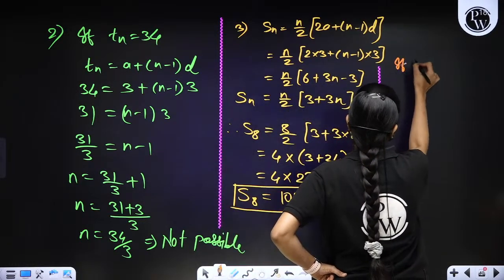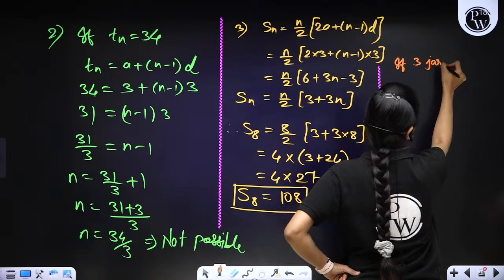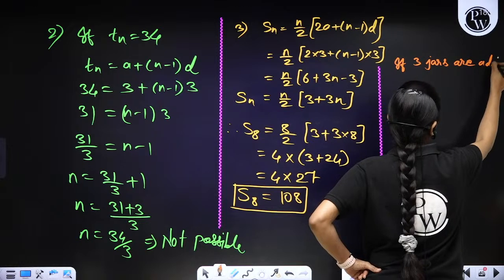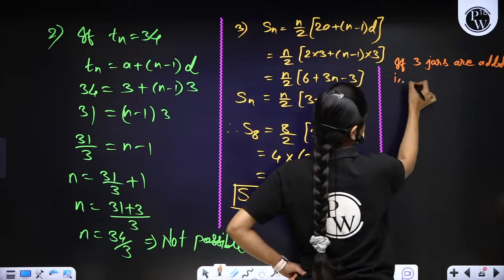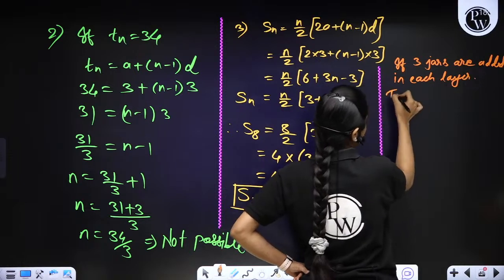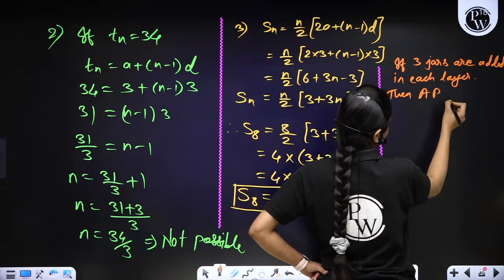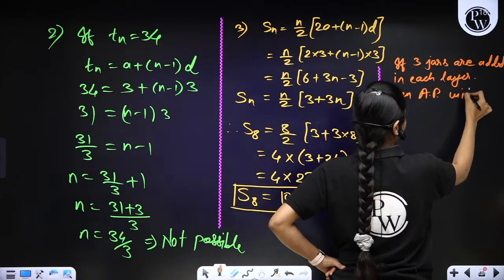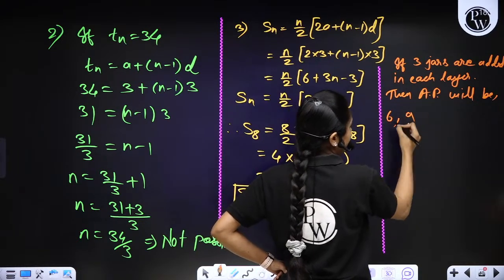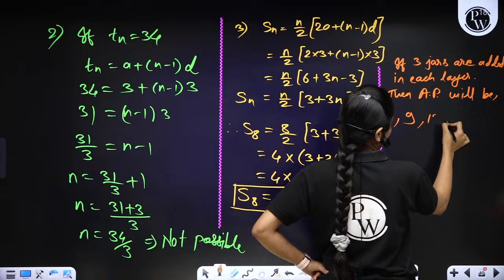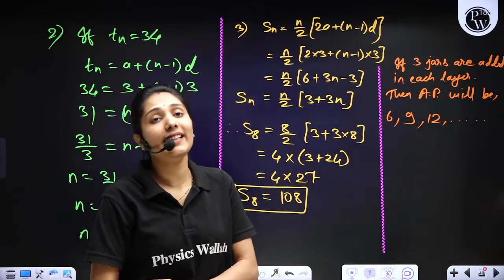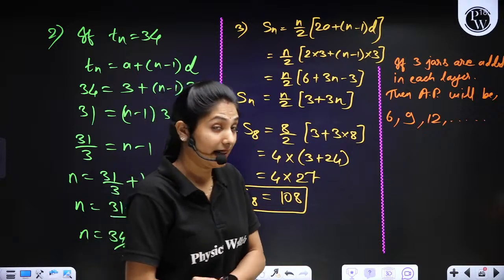If 3 jars are added in each layer, then the AP will be 3 plus 3, 6, 6 plus 3, 9, 9 plus 3, 12 and so on. That's the AP.